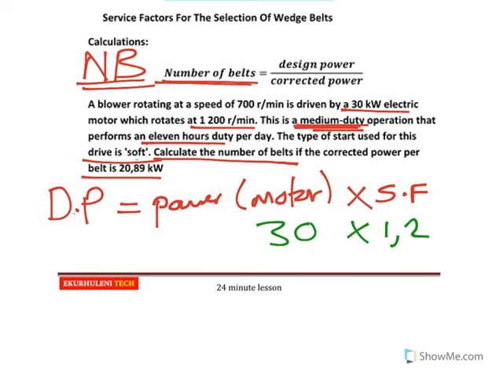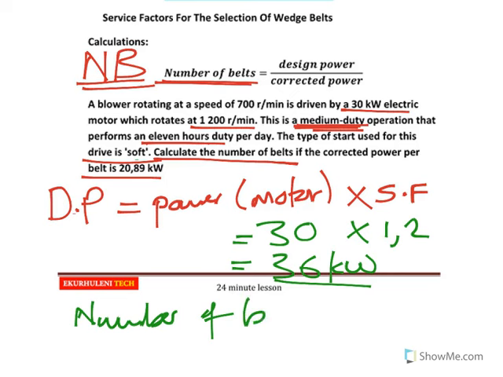Now if you multiply that 30 by 1.2, you are getting 36 kilowatts. So the design power is 36 kilowatts, and the number of belts then becomes 36 over the corrected power, which they told us is 20.98.